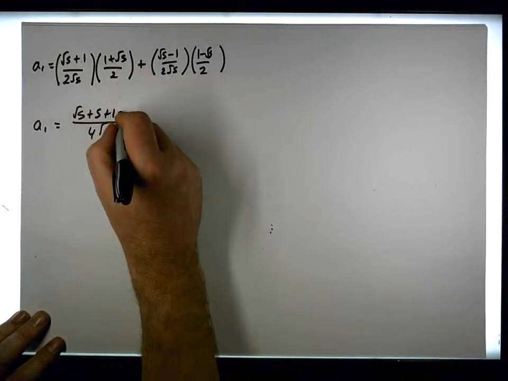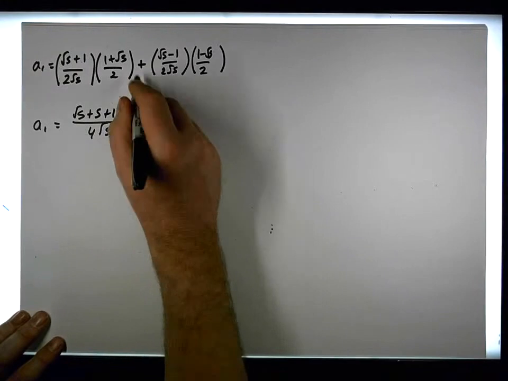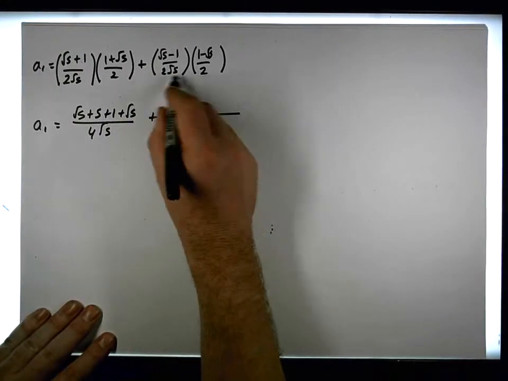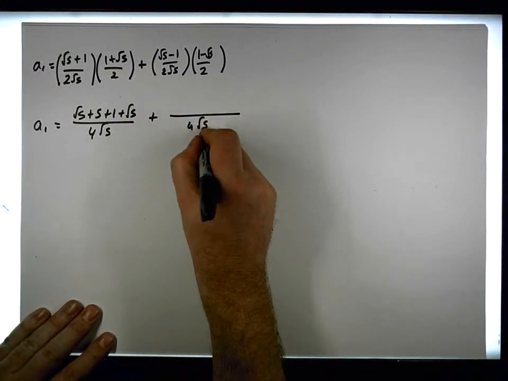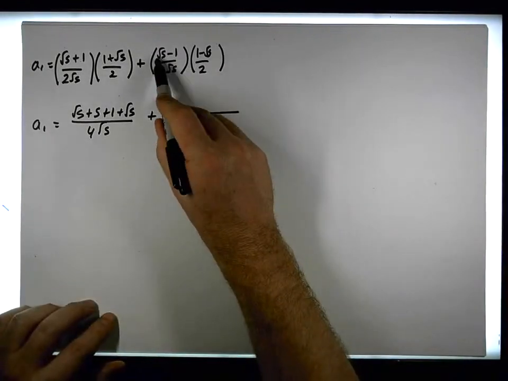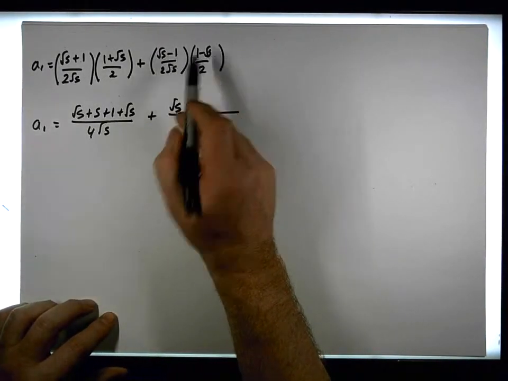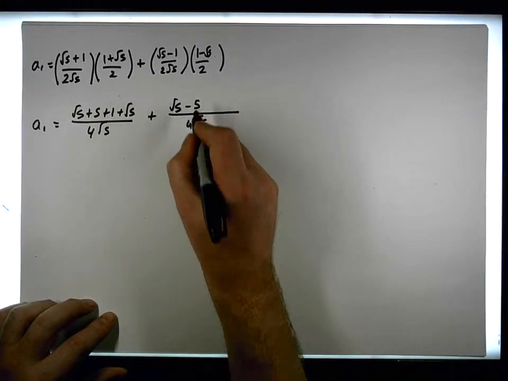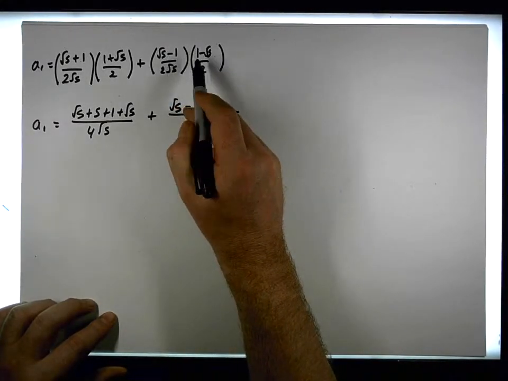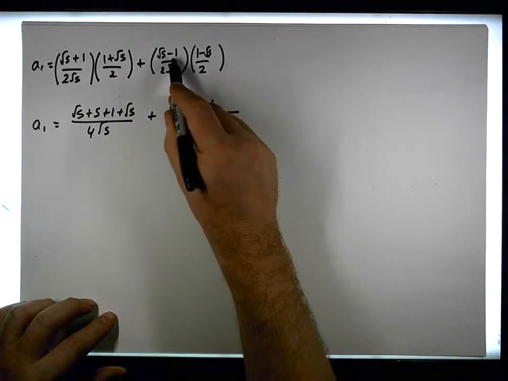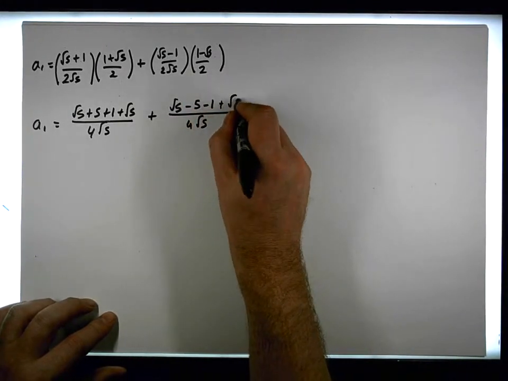And 1 times root 5 gives us a plus root 5. Plus, over here, we end up with 2 root 5 times 2 gives us 4 root 5. Root 5 times 1 gives us a root 5. Root 5 times minus root 5 gives us a minus 5. Minus 1 times 1 gives us a minus 1. And minus 1 times root 5 gives us a plus root 5.